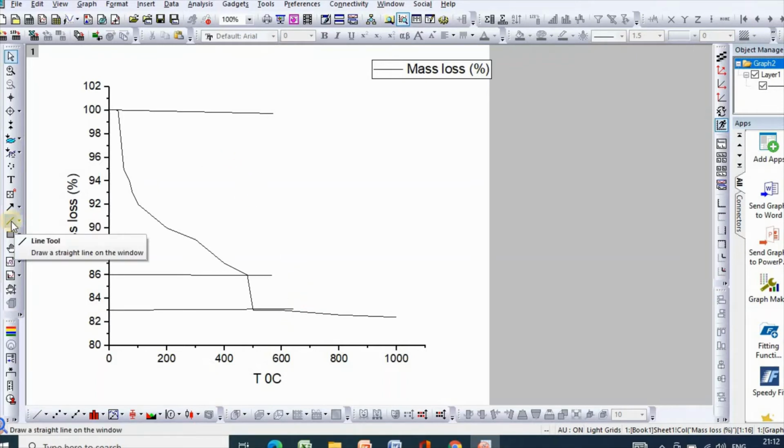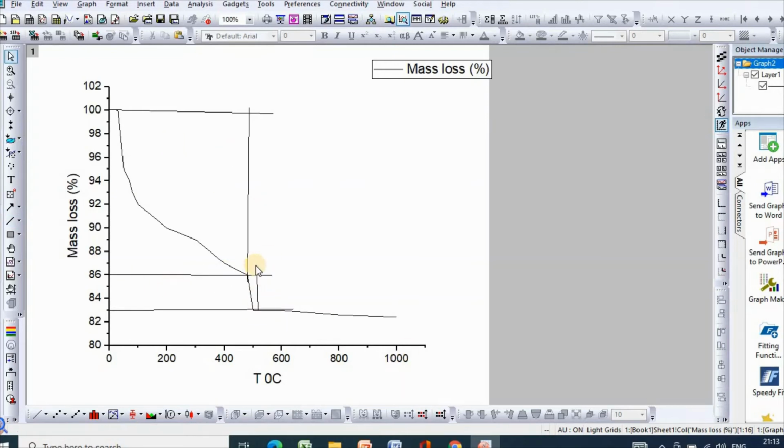Then you also need to draw a vertical line here, then also a vertical line from here to here.